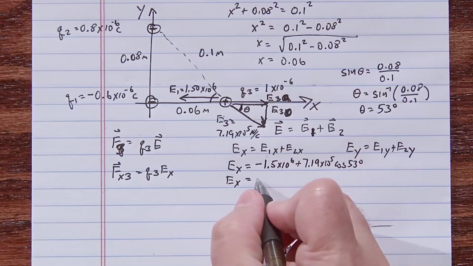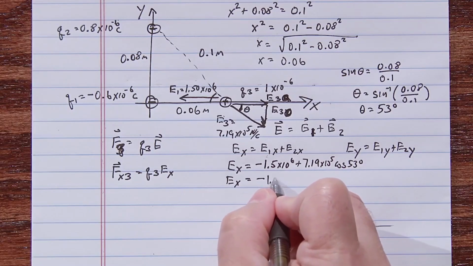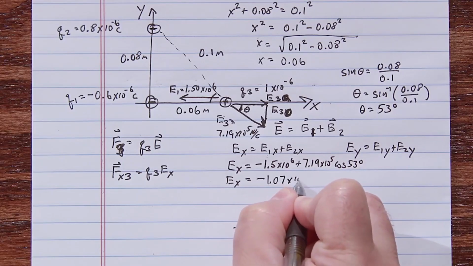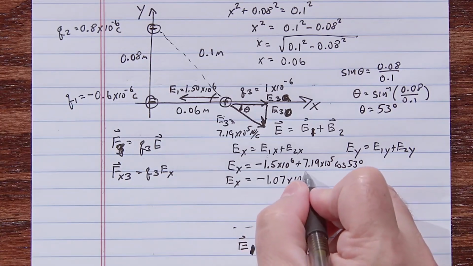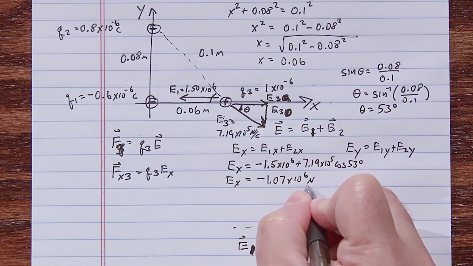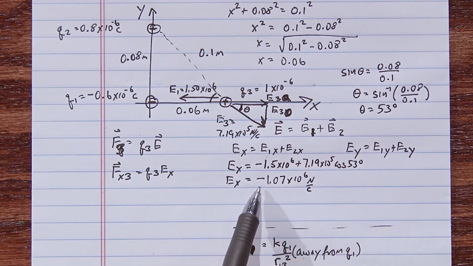And that gives me a total of negative 1.07 times 10 to the 6 newtons per coulomb. So the total x component of the electric field is in the negative x direction. Now we just need to figure out y.